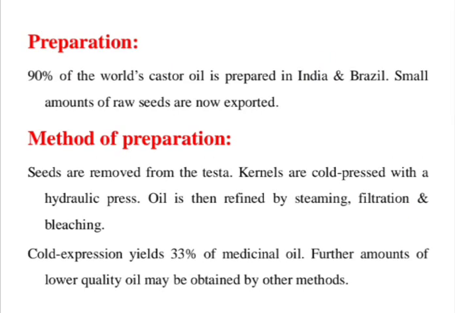Preparation. How is castor oil prepared? 90% of the world's castor oil is prepared in India and Brazil. Small amounts of raw seeds are now exported. Method of preparation: seeds are removed from the testa, and kernels are cold pressed with a hydraulic press.